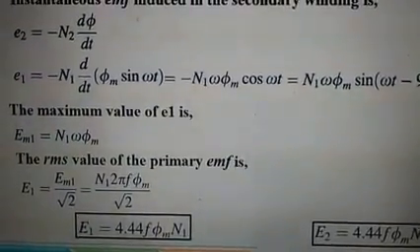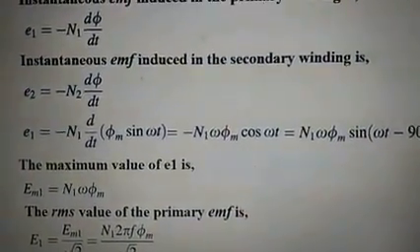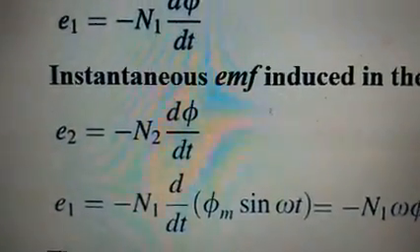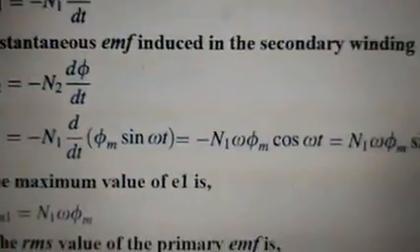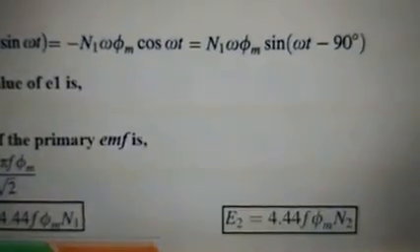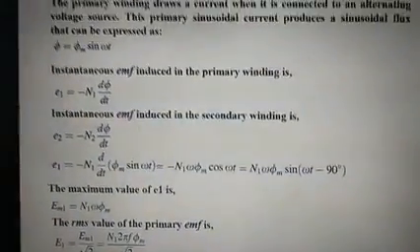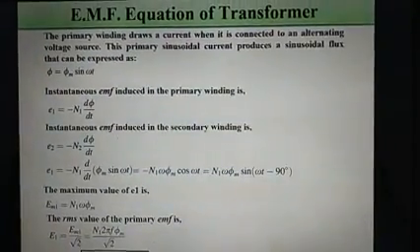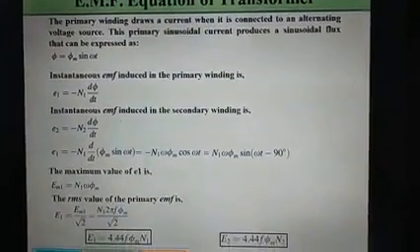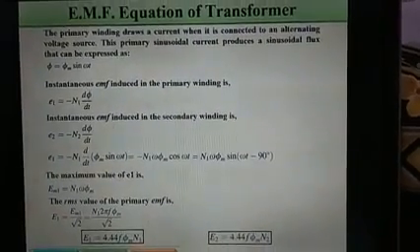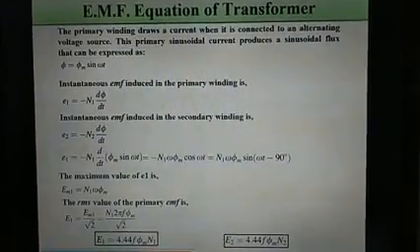Similarly you can calculate E2 by putting phi is equal to phi m sin omega t, and consequently you will get E2 is equal to 4.44 f phi m N2. So this is a very simple expression for the EMF equation of the transformer. I hope you can easily understand it and you can explain it in your exam.